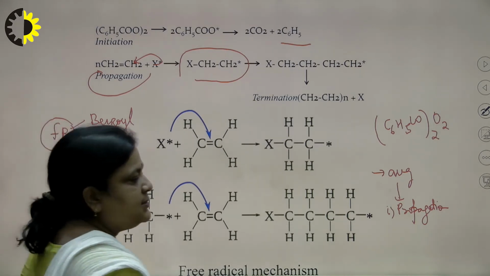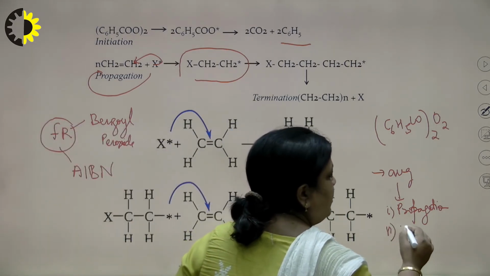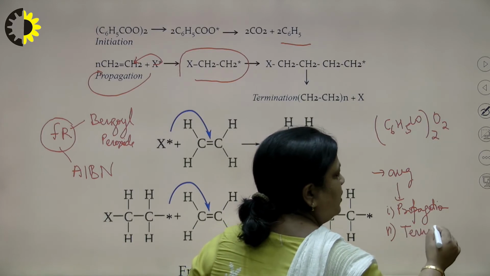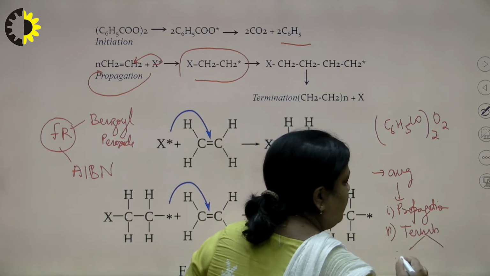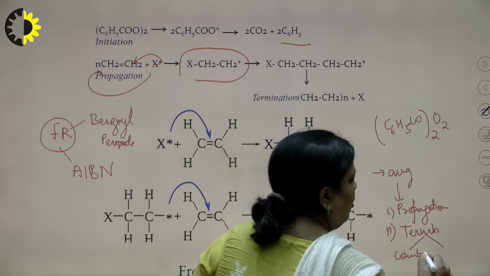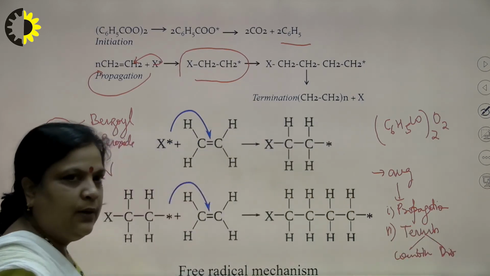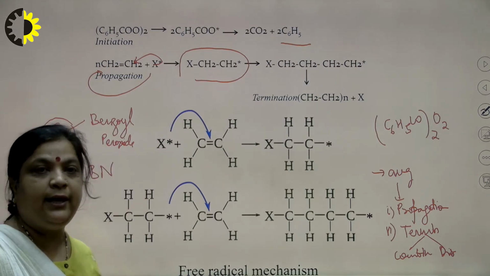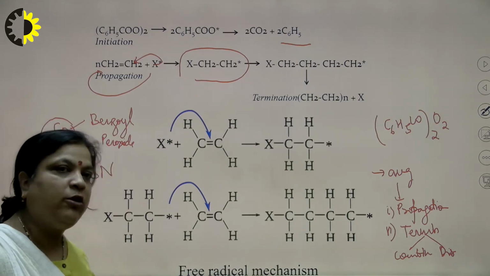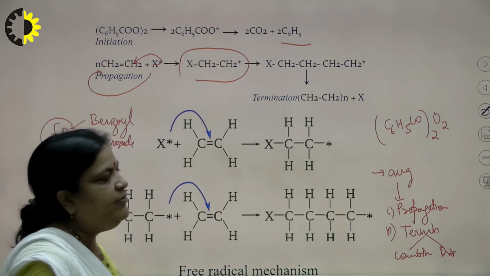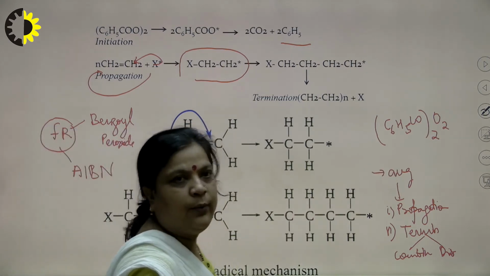The second point is that termination is not fixed. It may take place either by combination or disproportionation, and in both steps N may vary. Since N is not fixed, we take the average molecular weight.